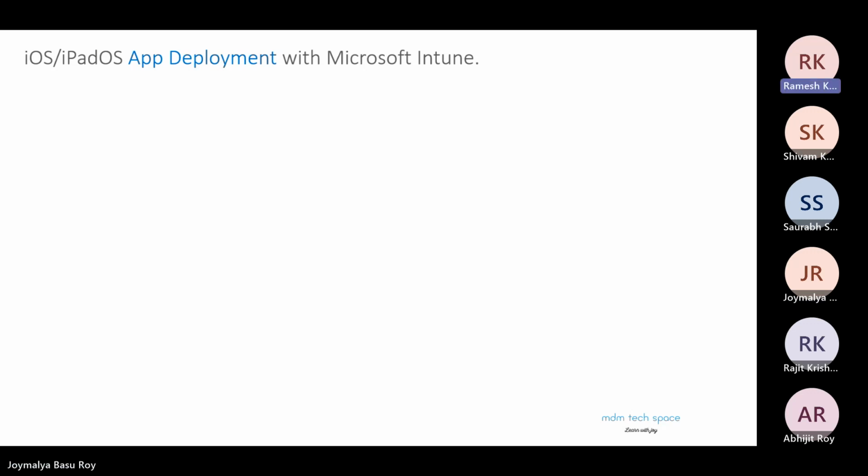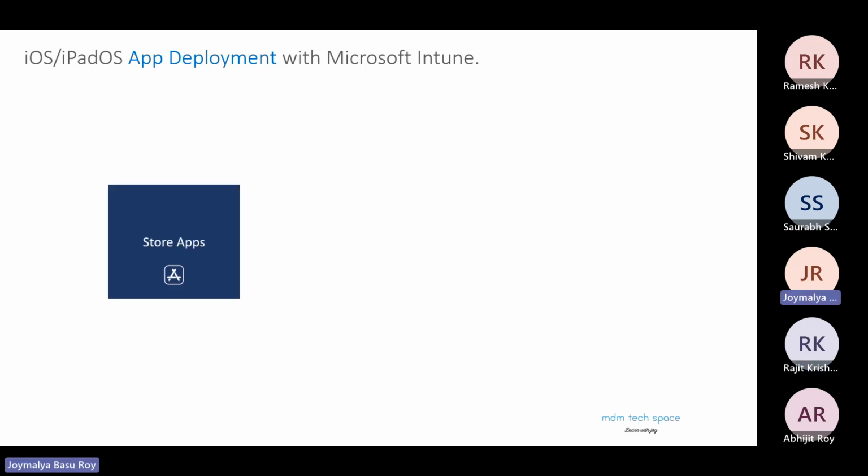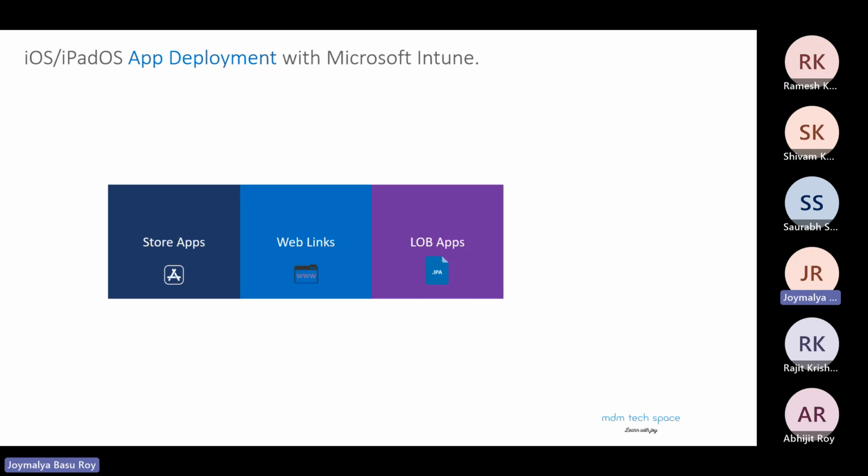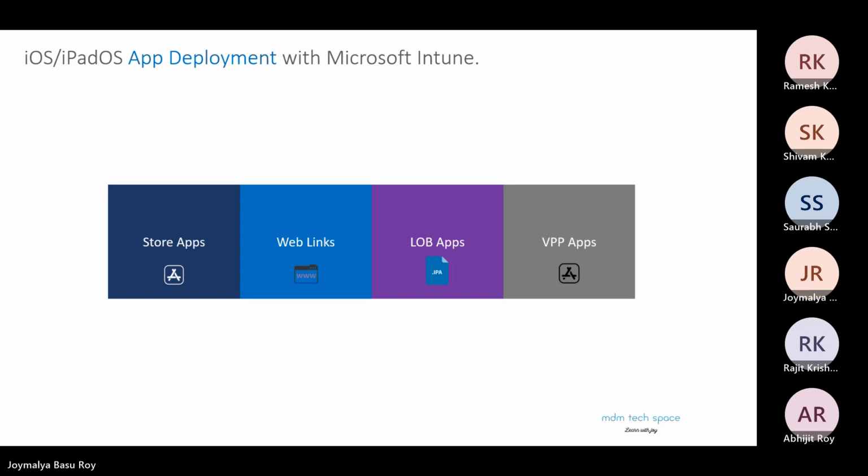Store apps, web links, line of business applications, and VPP applications. These are the only four types of applications that we can deploy to an Apple device with Microsoft Intune, right?